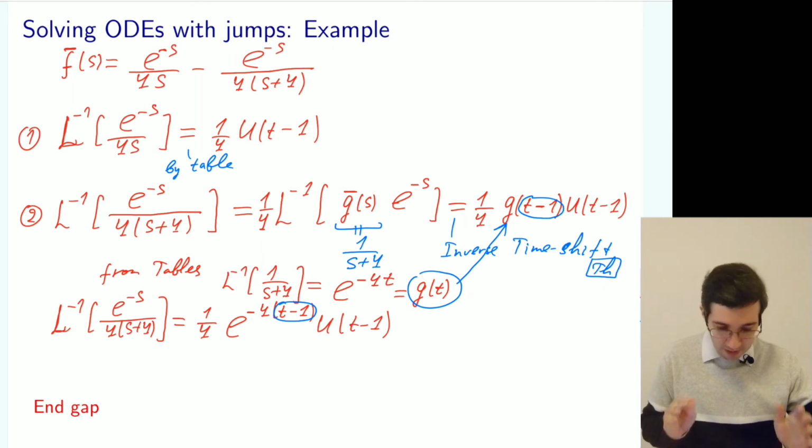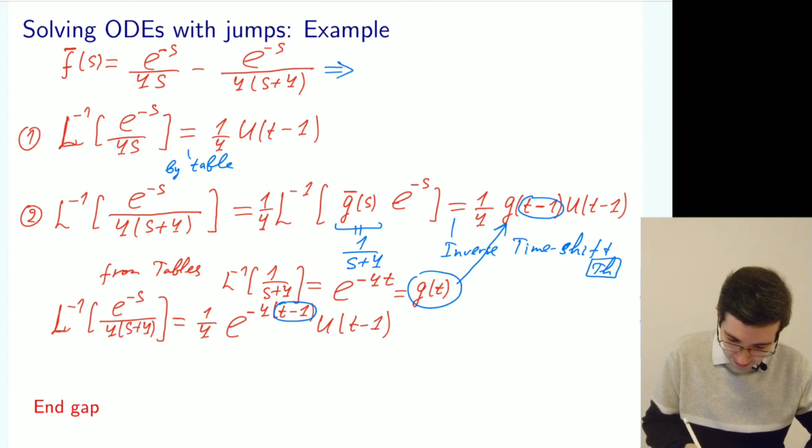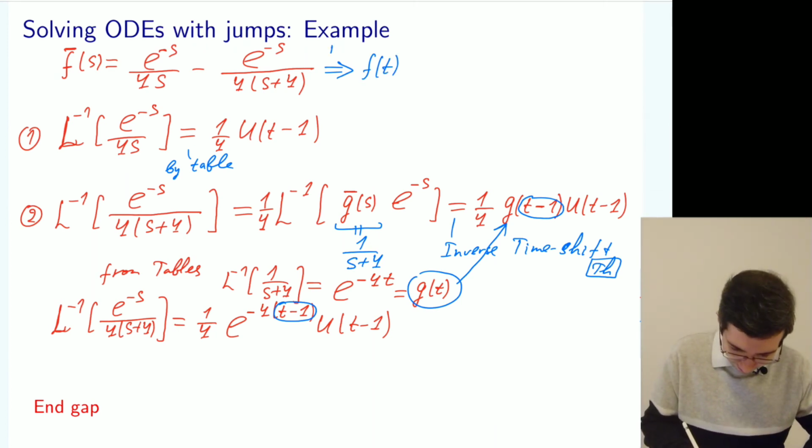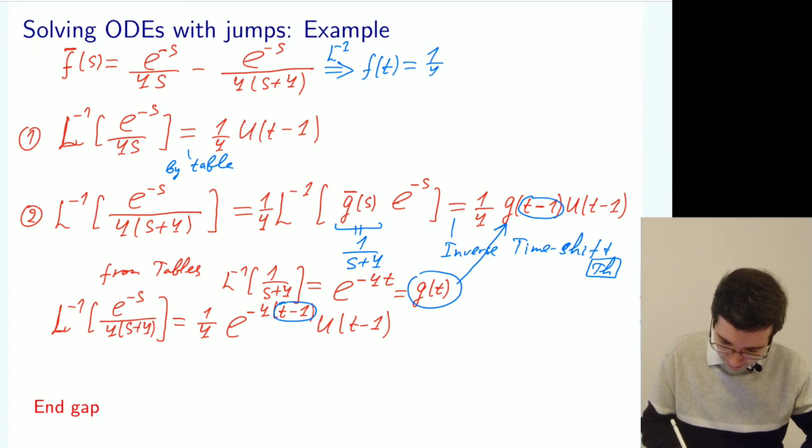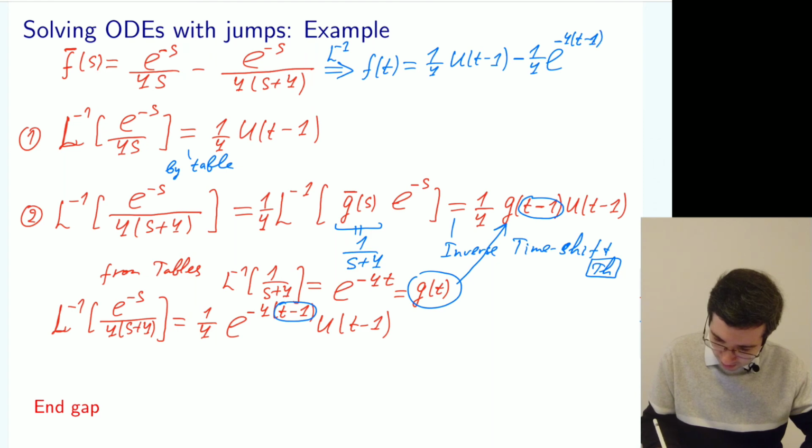And that allows us to write the whole answer. The original solution to this differential equation is a combination of the first part inverted, which was 1/4 u(t minus 1), and the second part, which was 1/4 exponential to the power of minus 4 times (t minus 1) times a unit step function.